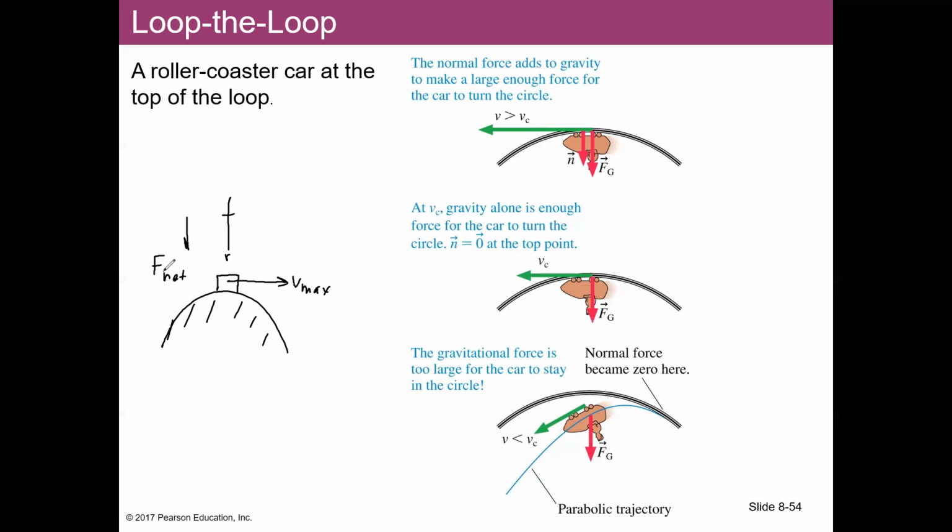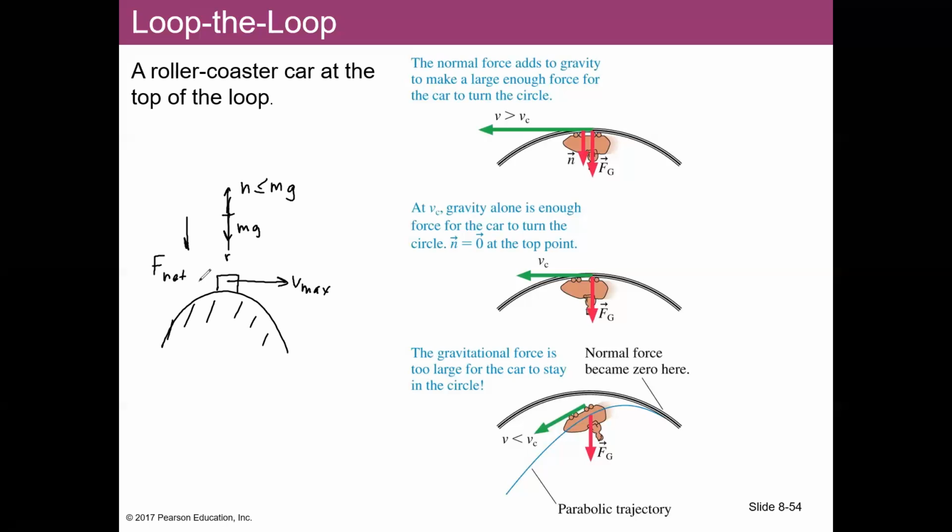So F net has to be downward. Well, you have gravity downward. Now normal force points up again, and it's always less than or equal to mg.